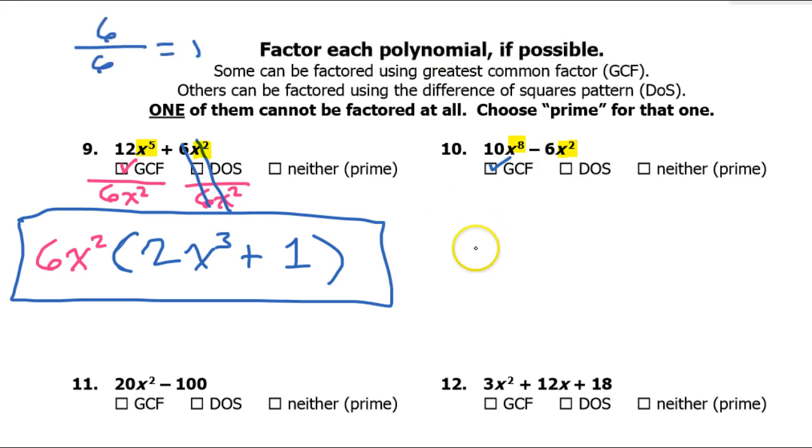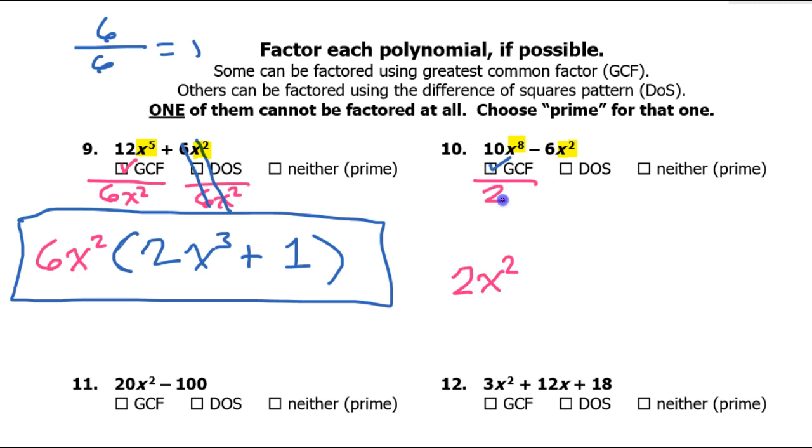So that's how many x's I can pull out. So x squared will be part of my GCF. What about the numerical part? What's the biggest number that divides into 10 and 6? Well, 6 is divisible by 2 and 3 and 6. 3 and 6 do not go into 10. So 2 is the greatest common factor.